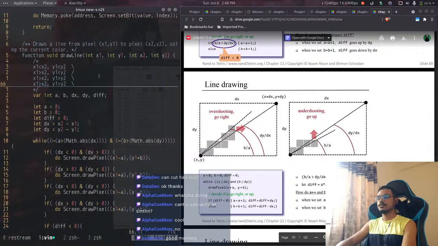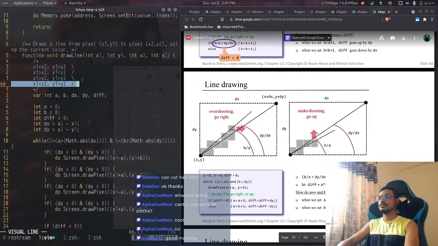Yeah, and in this case the line is like this. Right, we need to figure out how to draw this line. But you know, we don't need to have 4 cases. We can just combine this case and this case. We just have to swap this x1 and y1 points, right?